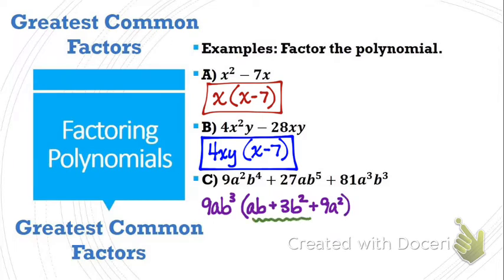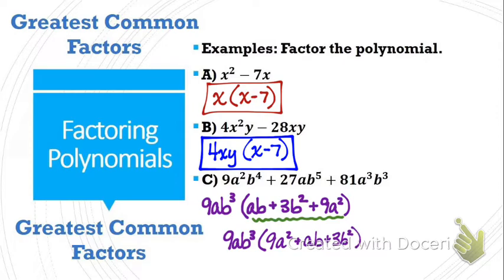Is this in decreasing order? No. So I'm going to go ahead and put it in decreasing order. My GCF stays the same, 9ab cubed. What should my first term be? 9a squared. And then after that, it is in decreasing order, plus ab plus 3b squared.